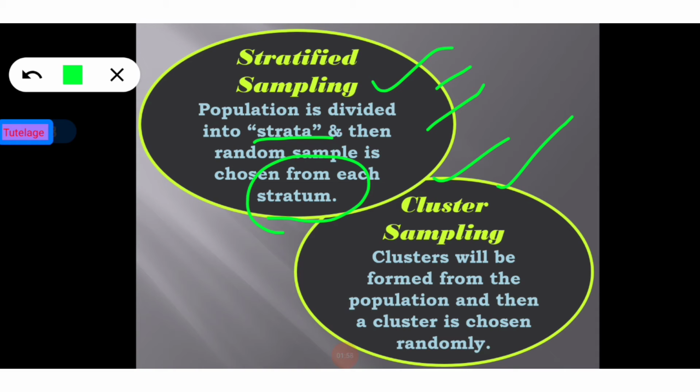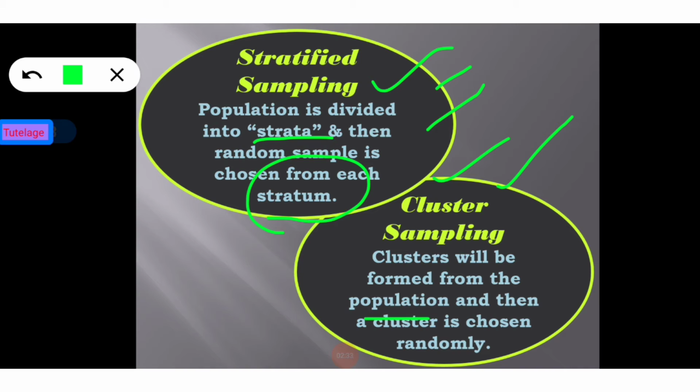So clusters will be formed from the total population, and then a total cluster is chosen randomly. There is a difference between stratified sampling and cluster sampling, that is, between strata and clusters. In strata all data are the same, so strata are homogeneous groups of the population, whereas clusters are heterogeneous because there are different types of variables.